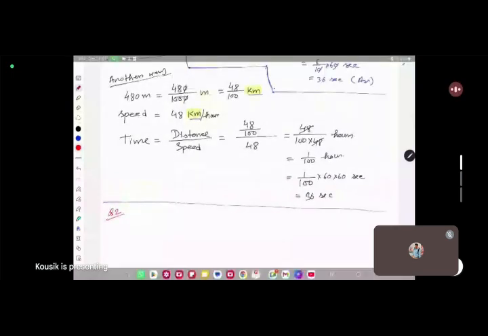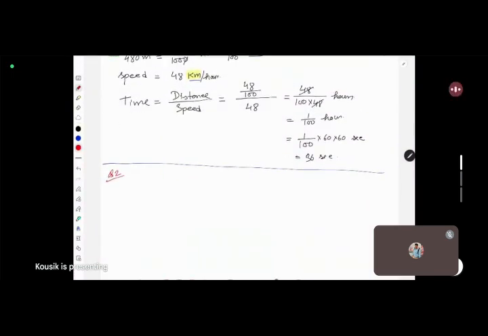কটা বাজে, টাইম 34. ওকে, next question, the speed of the train is 60 kilometer per hour.